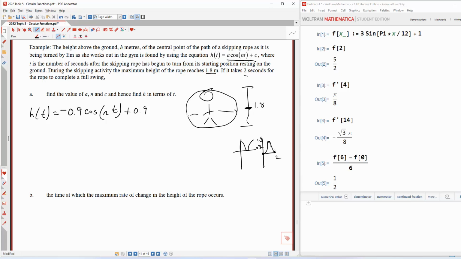Now the n is the period, so we've got a standard cosine period of 2 pi over n, and we want the period to be 2. So that's n to there and 2 to there. 2 pi on 2 equals n is pi. So h of t equals negative 0.9 cosine pi t plus 0.9.